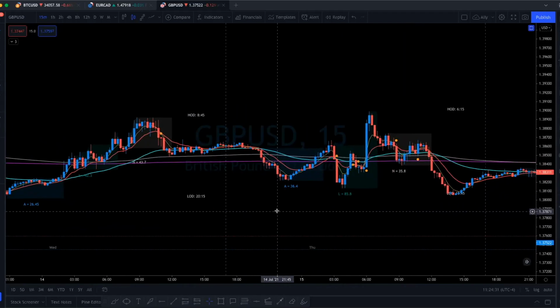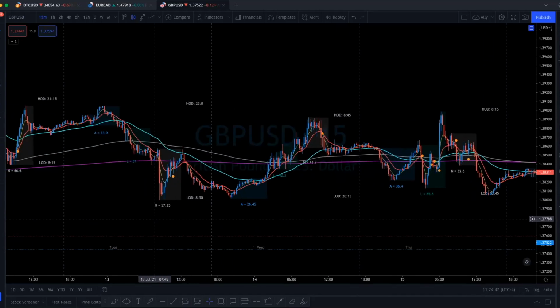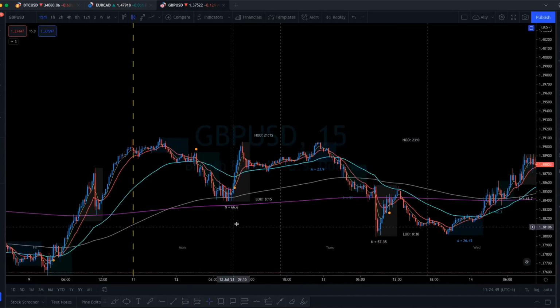So the EMAs themselves, you're using them for helping you confirm to get into trades for entry, right? You're using them to help you take profit, so you don't have to wonder, okay, where do I take profit? You just take them at the EMAs.